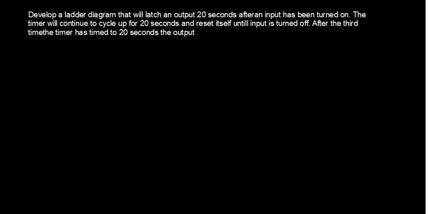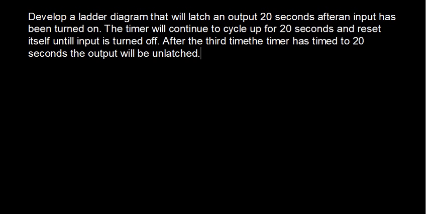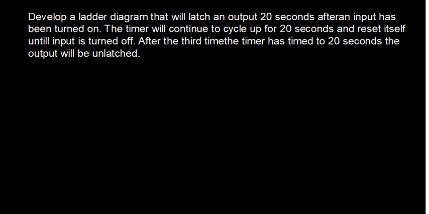Please try to go through the problem statement carefully. Develop a ladder diagram that will latch an output 20 seconds after the input has been turned on. So this is a clear case of using a timer followed by an input switch. All of you are very well aware of it.